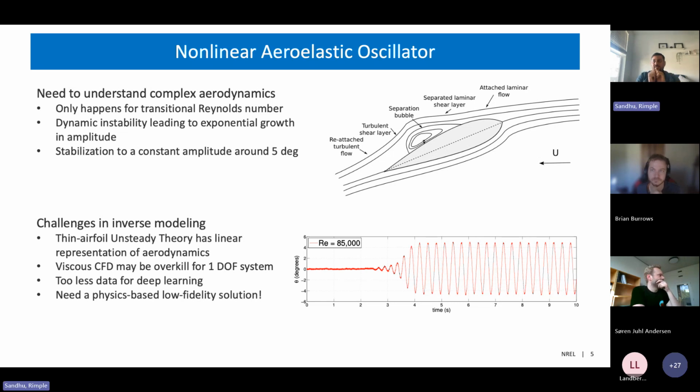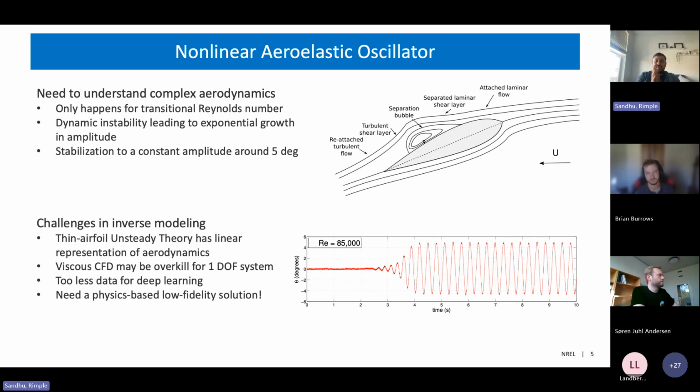So what is the challenge in trying to understand this aerodynamics using this captured time series pitch displacement response? Well, thin airfoil theory cannot be used because it cannot capture the nonlinearity that we have. So we can't rely on that. We can do viscous CFD, but it may be overkill because this is a single degree of freedom system, and you may want to use this calibrated model for some purpose which requires thousands of runs of this model.